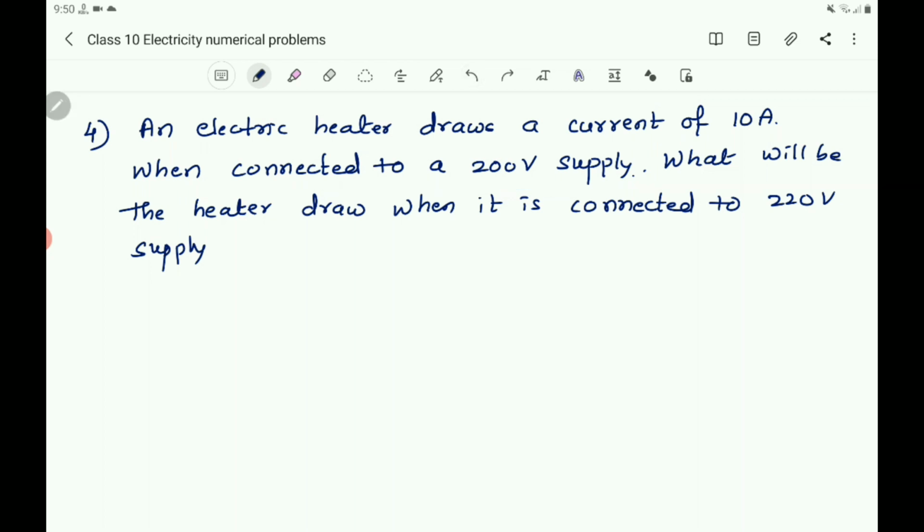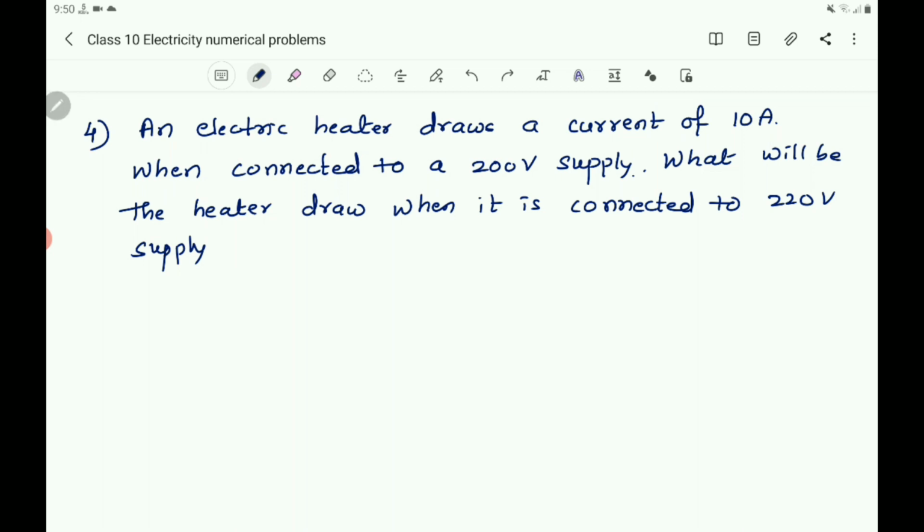Here we have to find out the resistance of the conductor, and after that by using that resistance we will get the current using this 220 volt. So here R is constant for both voltage and current.